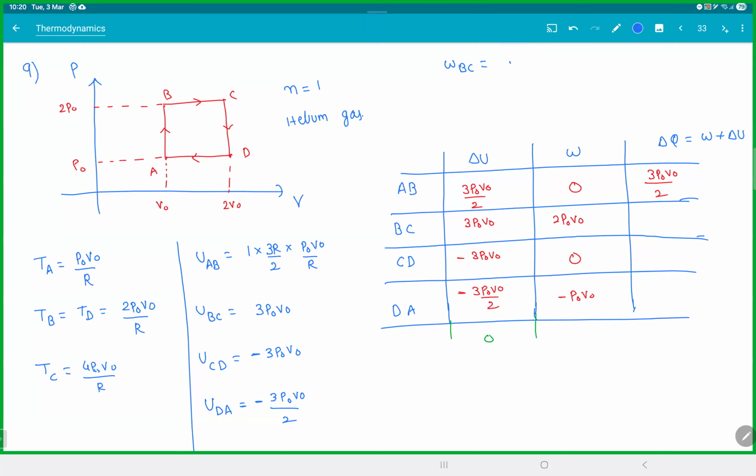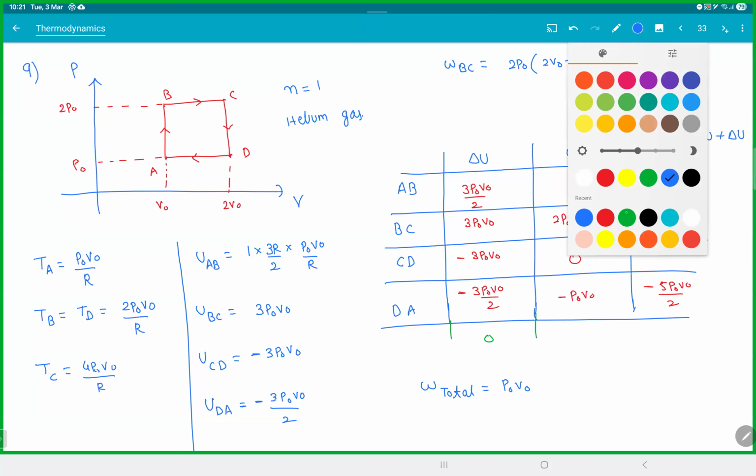Right, so pressure was 2P naught, and the change in volume was 2V naught minus V naught. And then I got everything. This is 5P naught V naught, minus 3P naught V naught, minus 5P naught V naught by 2. Perfect. So what's the total work? Total work, add everything, which is P naught V naught.